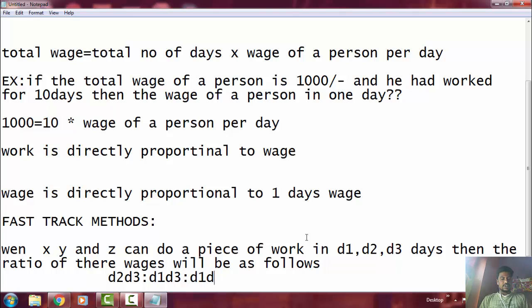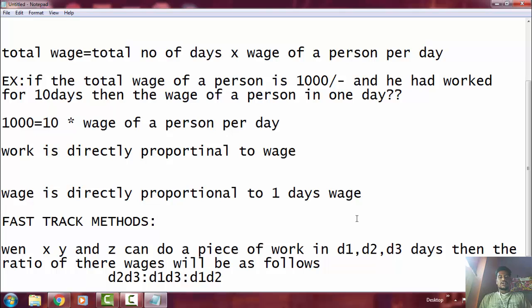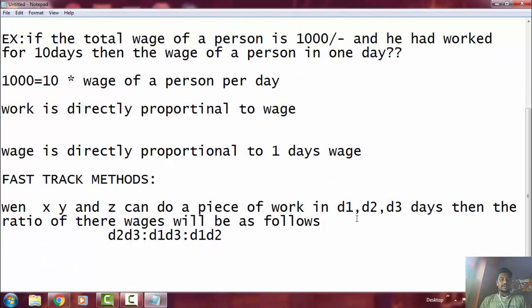When you have three persons doing a piece of work in D1, D2 and D3 days, you can find the ratio of their wages directly using this simple formula.